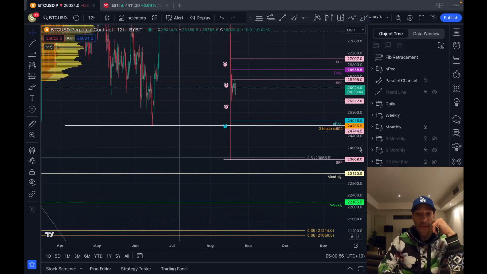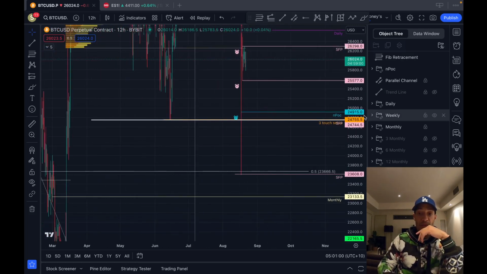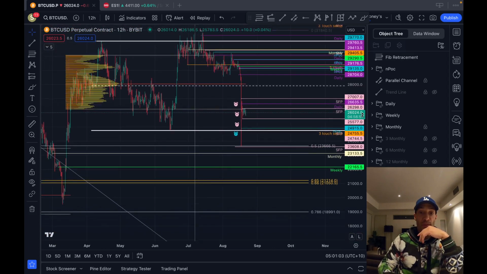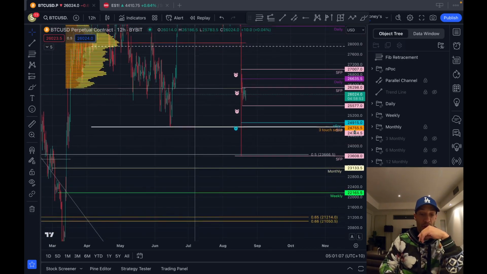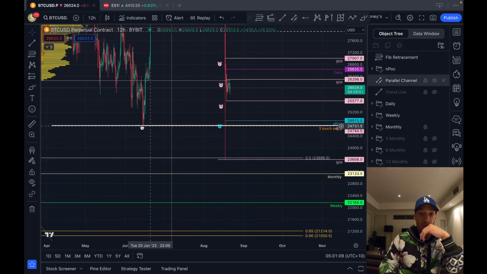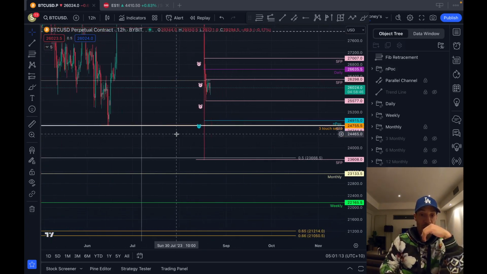So as you can see, there is confluence here now, because this is where we started off. If you remember, we had a horizontal channel here. That horizontal channel is also an SFP zone. We've got this MPOC, which is close by.